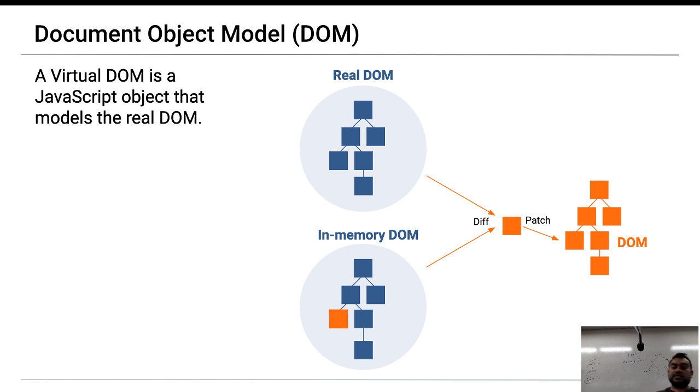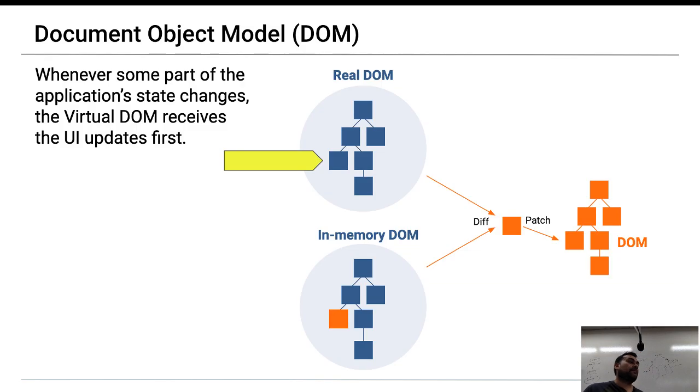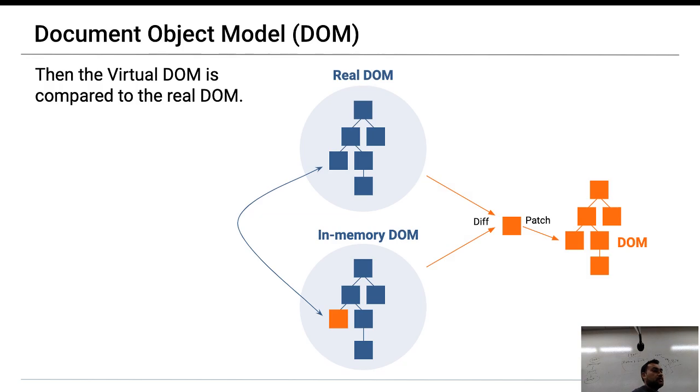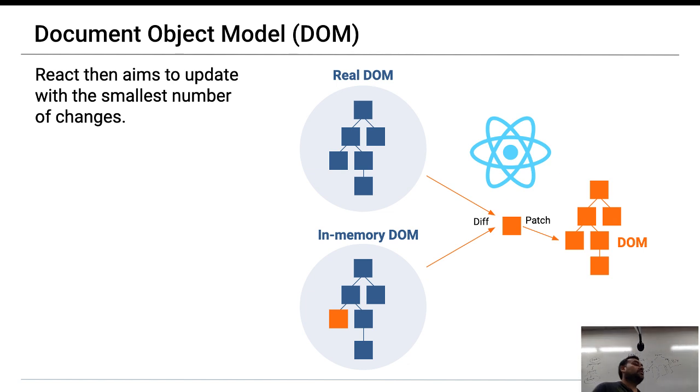Now, let's suppose you are making an update over here. What React does is it updates the virtual DOM, and then React goes ahead and compares this in-memory DOM with the actual one to find out what's the difference, what was updated. It's not going to directly update the DOM. Once it finds the difference, that's where React is good at.